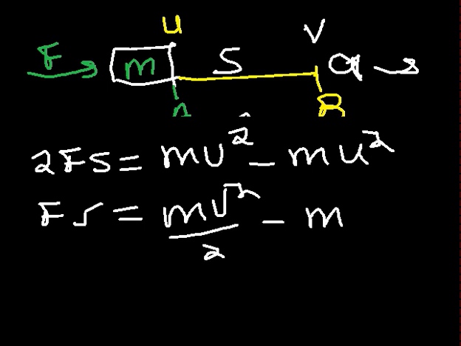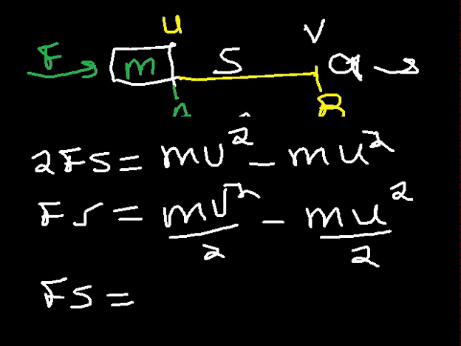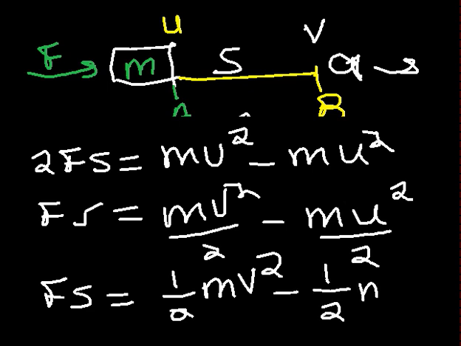And this is the same as having fs equal to half mv square minus half mu square.